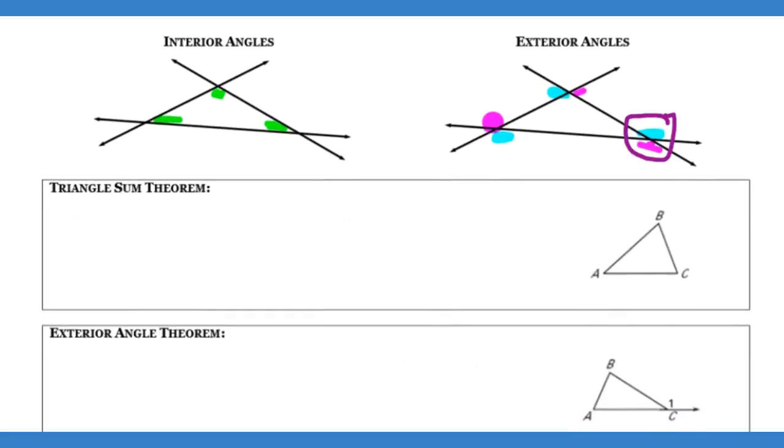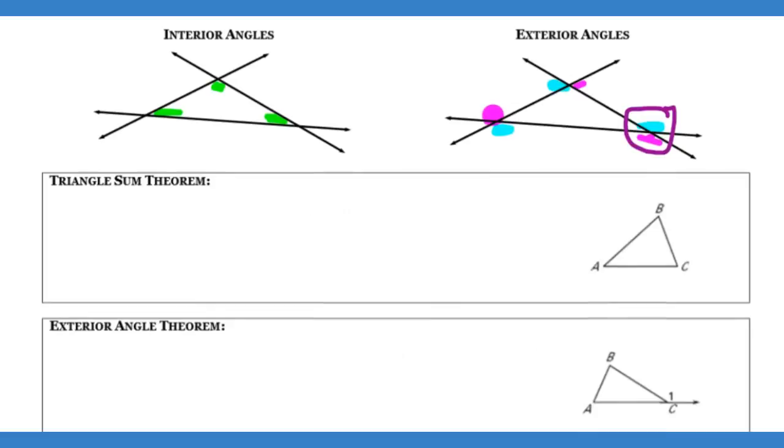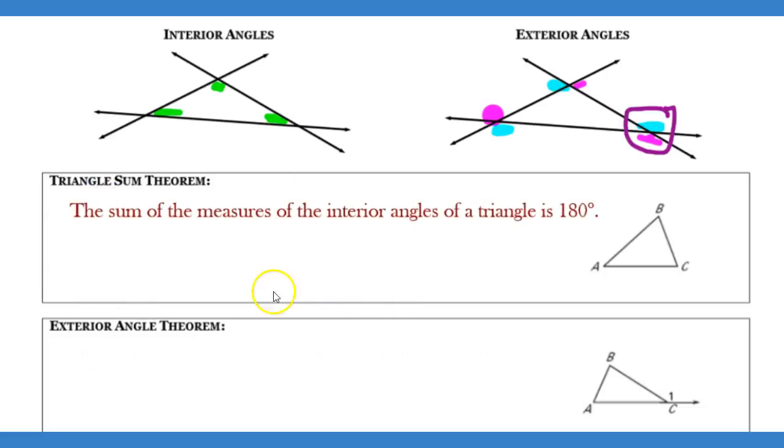All right, so keeping that in mind, we have to understand what an interior and exterior angle are in order to understand our triangle sum theorem. And our triangle sum theorem states that if you add all the interior angles of your triangle, it will add up to 180 degrees. The sum of the measures of the interior angles of a triangle are 180 degrees.